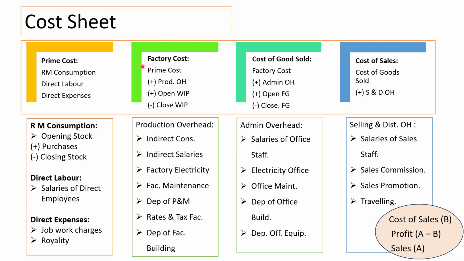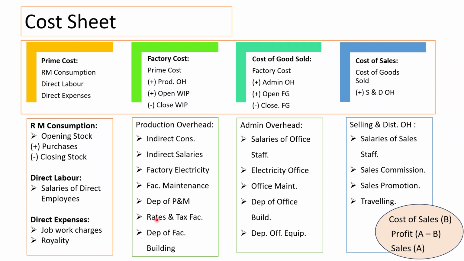Then to the prime cost, if we add production overheads and add opening WIP, then subtract closing WIP, you will get factory cost. What does production overhead mean? Indirect consumables, indirect salaries, electricity, maintenance, depreciation of the plant and machinery, rates and taxes, depreciation of the building.